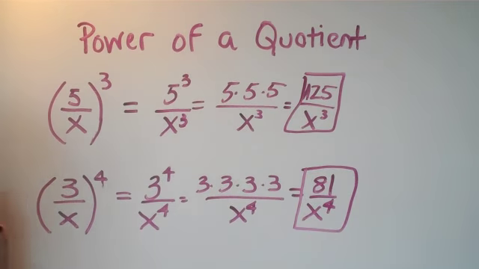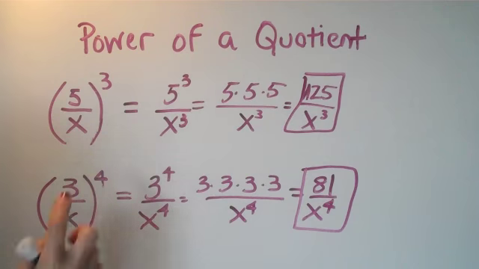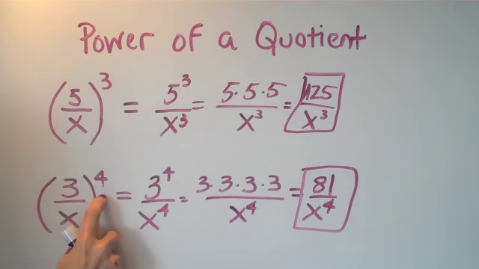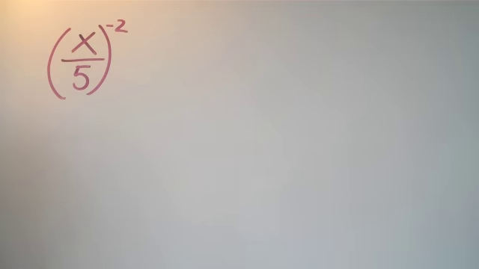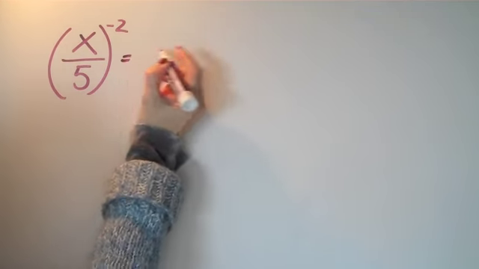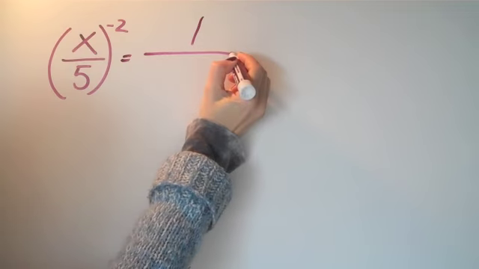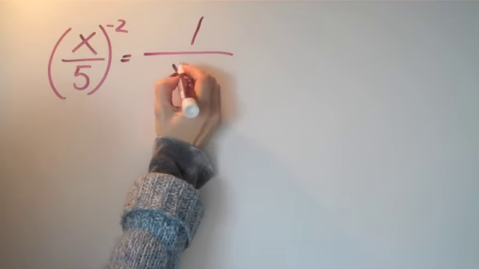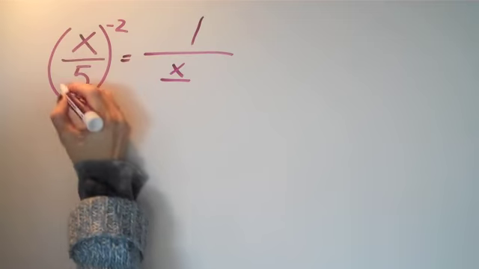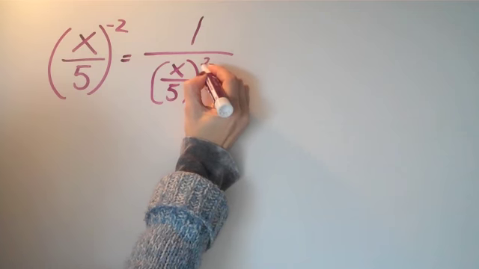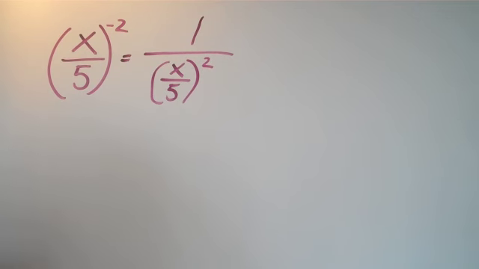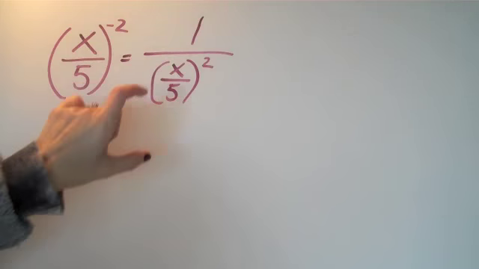So those are two good examples. Sometimes, if you notice, both of these are positive exponents, but sometimes you will get a negative exponent. And what we have to do is remember the first step always when you have a negative exponent is to get the reciprocal. So we're going to take everything here and rewrite it with a positive exponent. That's all we did was put this entire thing under 1.